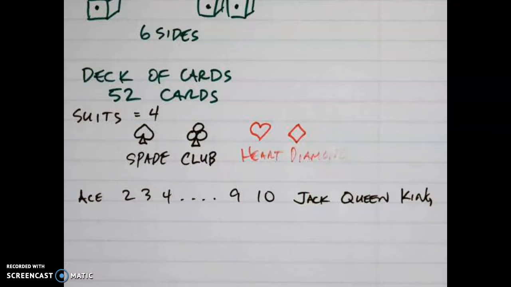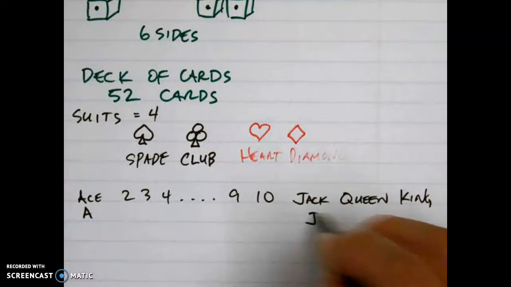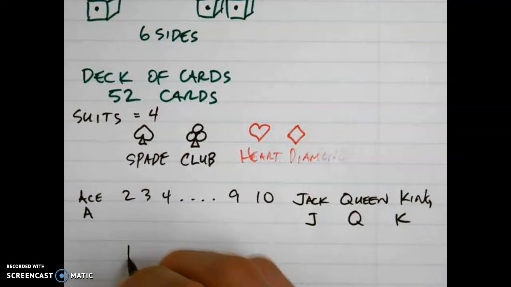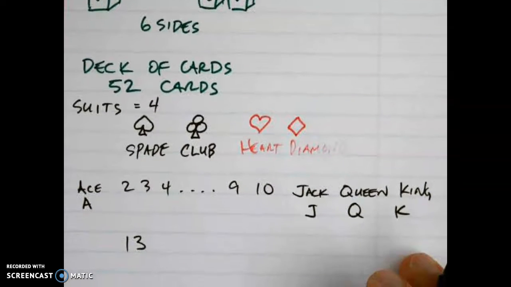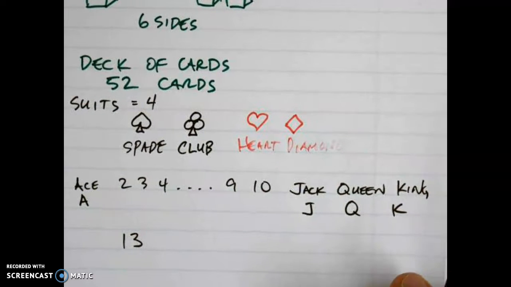I'm going to call them numbers, even though there are some letters like ace, jack, queen, king. So when I say numbers, that includes the king. That includes ace. Got it? So how many numbers are there? There are 13 numbers. There are 13 different kinds of cards.